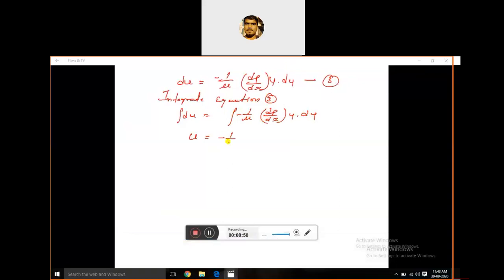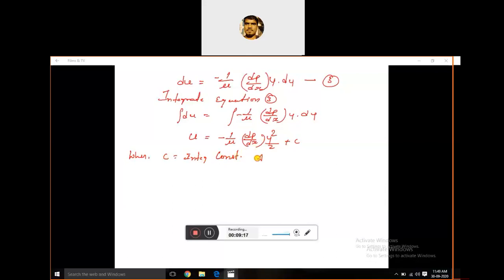So after integration, u is equal to minus 1 by mu dp by dx, which is a constant. Integration of y dy is equal to y square by 2 plus c, where c is the integration constant, that we have to find out the value of c by using boundary conditions or limits.